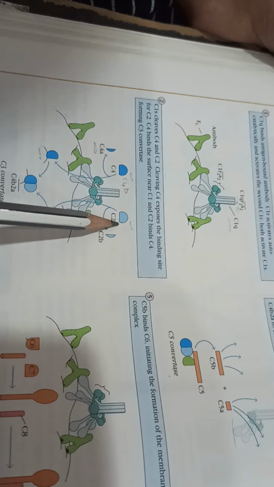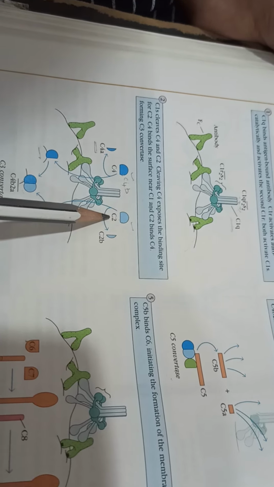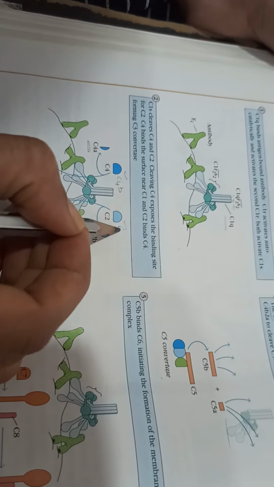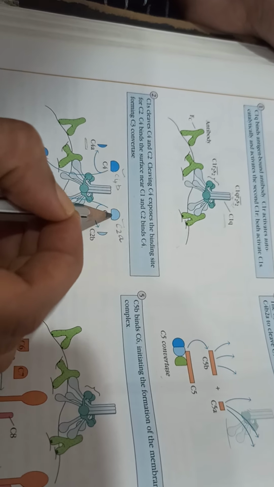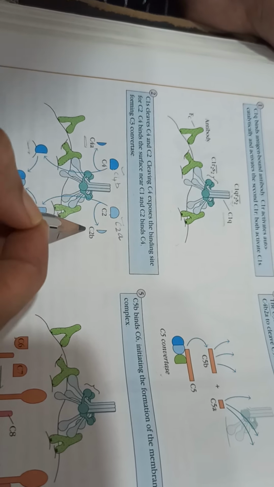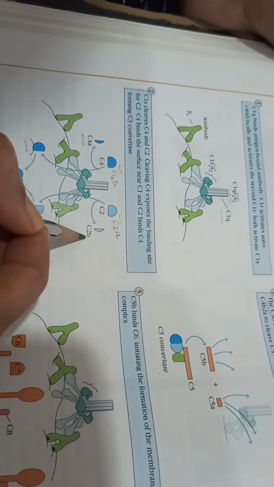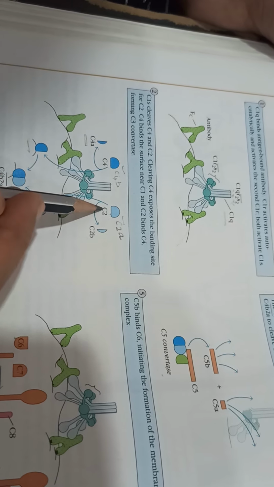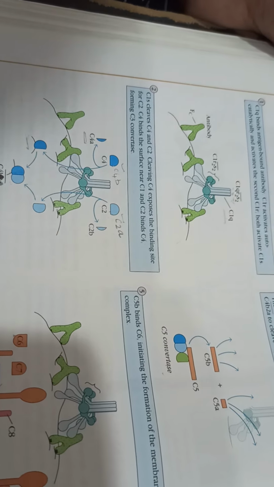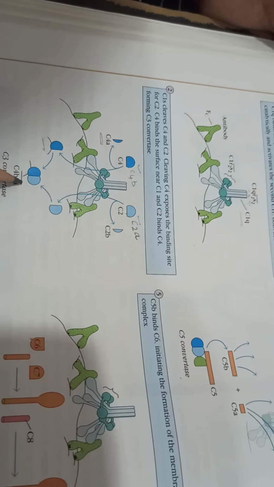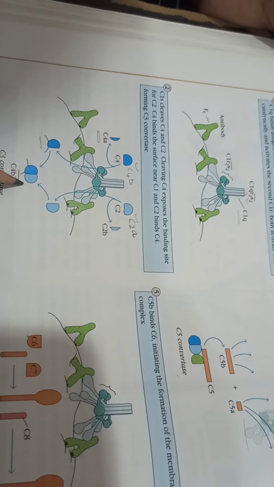C1S also cleaves C2 into a larger component which we call C2A, and the smaller fragment is C2B. So again in C2 also, the larger fragment C2A binds onto the antigen.